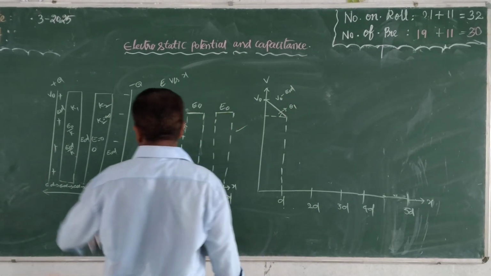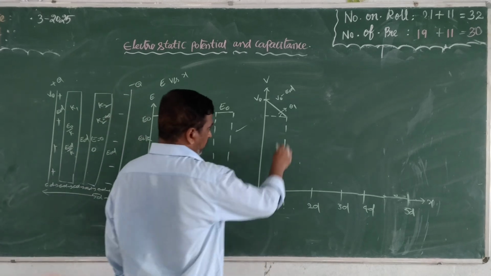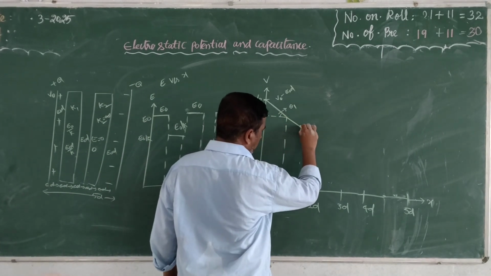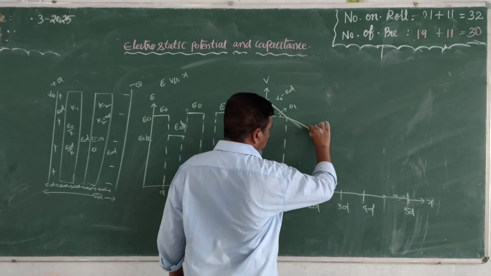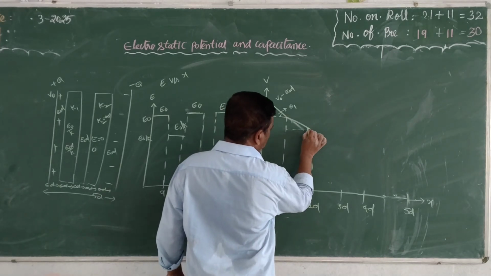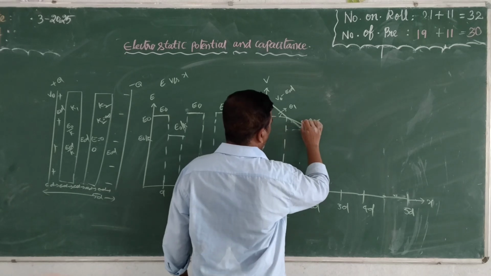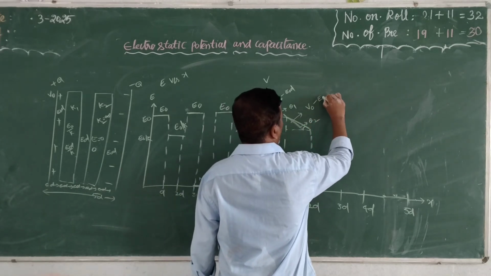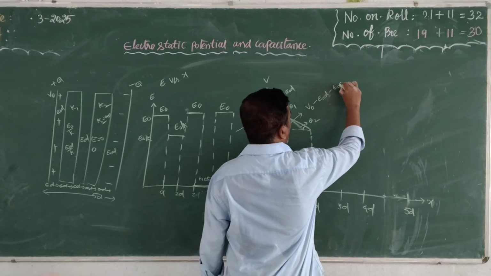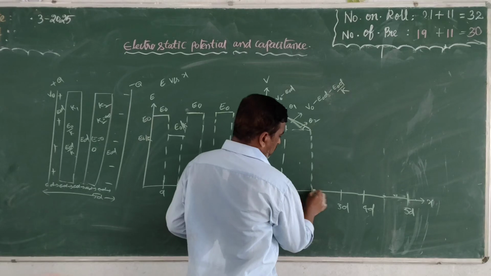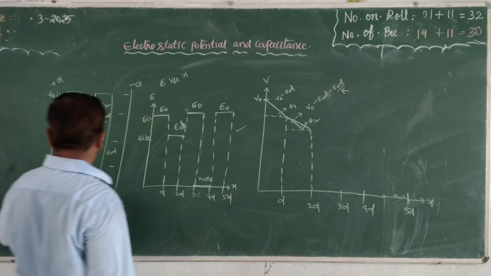Next, again the dielectric is there, and in the dielectric the potential change is less, with angle theta 2. The potential here is V naught minus E naught d minus E naught d by k.